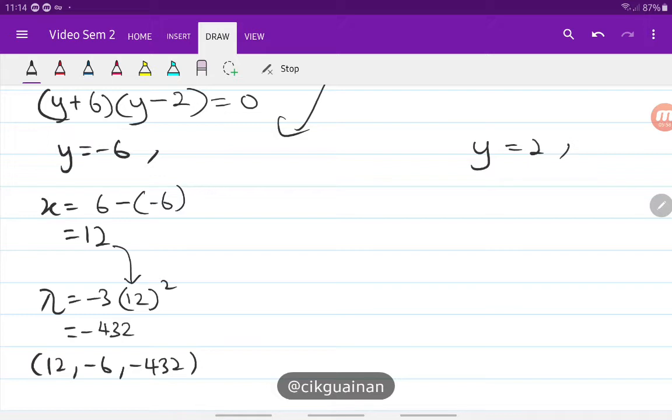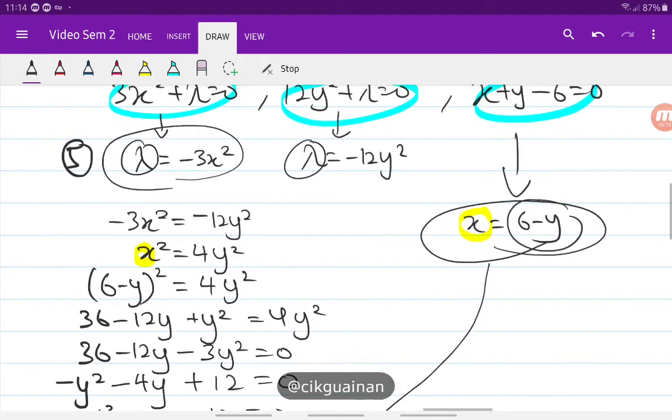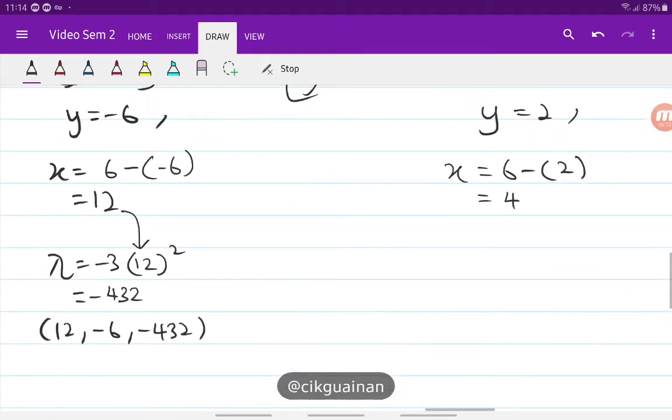Now for the second one, x equals 6 minus y, with y equal to 2, so x is 4. Then we continue with lambda. Lambda equals minus 3x squared. What is x?